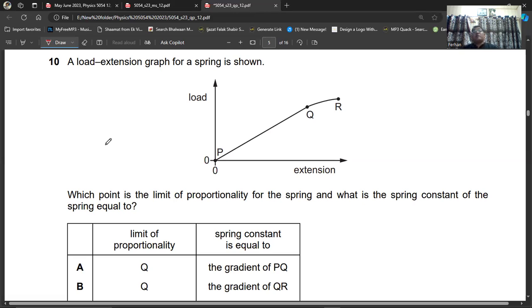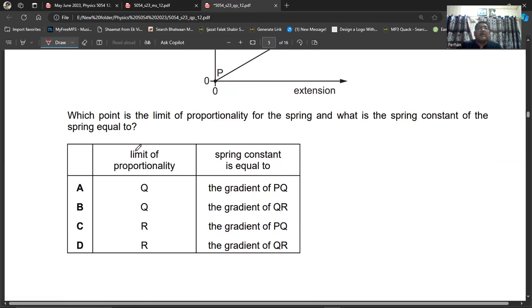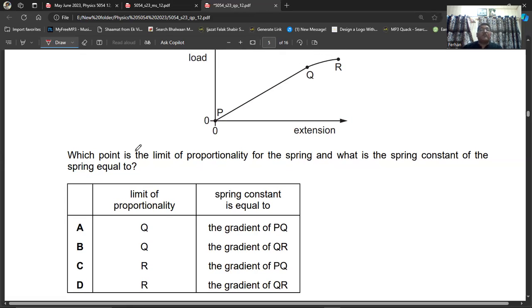Which point is the limit of proportionality for the spring, and what is the spring constant of the spring equal to? So the point Q is the limit of proportionality, and the spring constant is the gradient of the extension load graph. So the gradient of the PQ represents the spring constant, and the limit of proportionality is Q point.